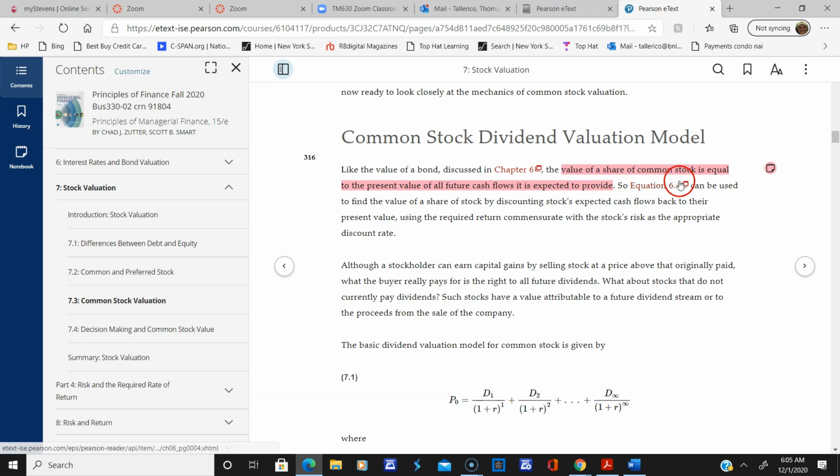So equation 6.4, which we looked at, can be used to find the value of a share of stock. We're going to discount its expected cash flows back to the present.